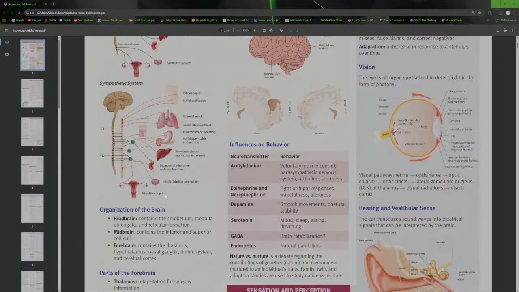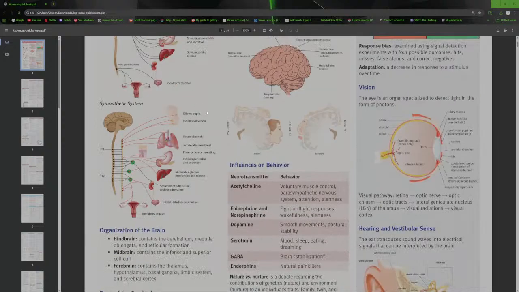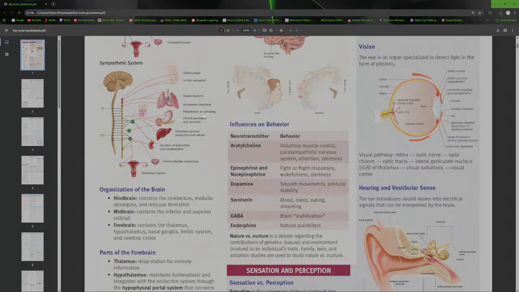And of course, this is an interesting one. It stimulates orgasm apparently, from the thrill of everything going on. Okay. Let's look at the next one. Why does it move so slow?